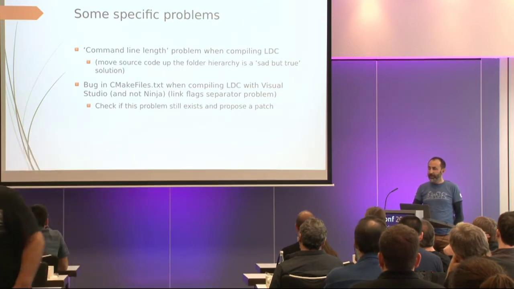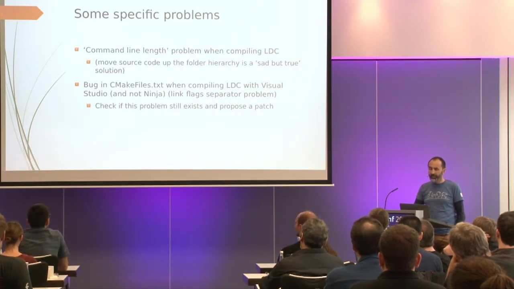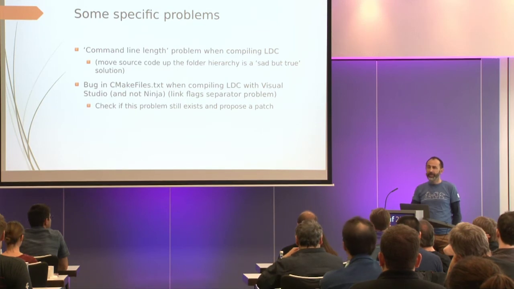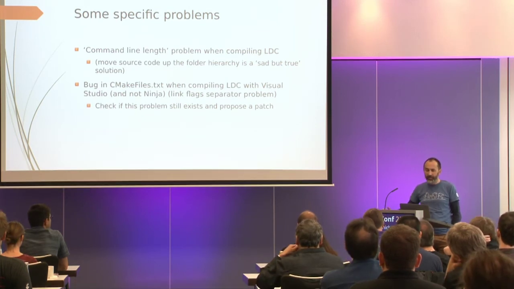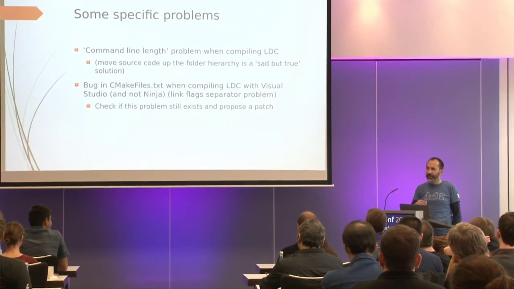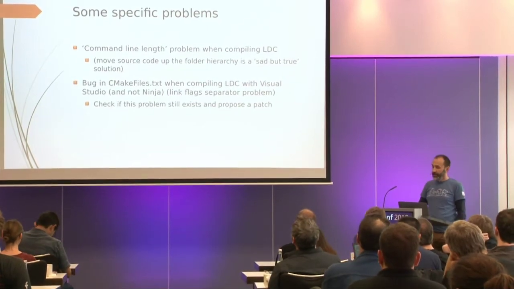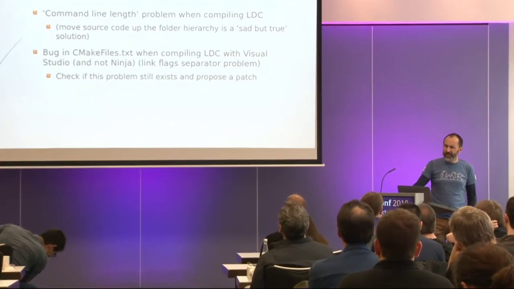I was hit by a command line length problem when compiling with Visual Studio. I didn't want to deal with this, so I moved the source code up the folder hierarchy. Also, it seems that LDC is not built using Visual Studio on the continuous integration servers, since there is a problem with link flags in a CMake file. So I made a fix locally, and I need to check if the problem still exists in the latest version and propose a patch for that.